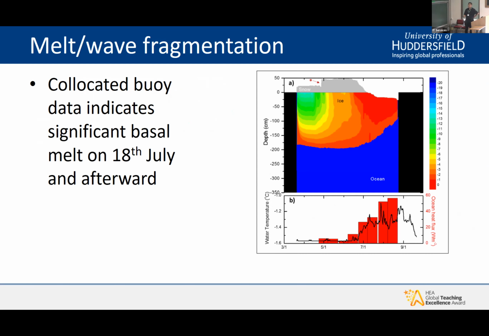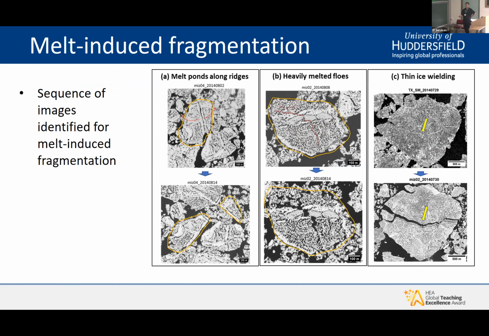To confirm this melting actually happened during this time, we had co-located IMBs and other buoys, confirming that since the 18th of July there was significant melting happening in that period. And another thing is that we looked at the various images and identified actual melt-caused fragmentation cases. We classified 3 different cases.